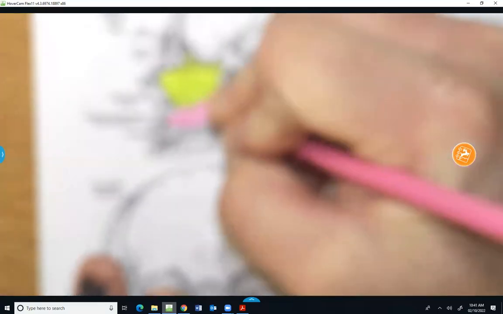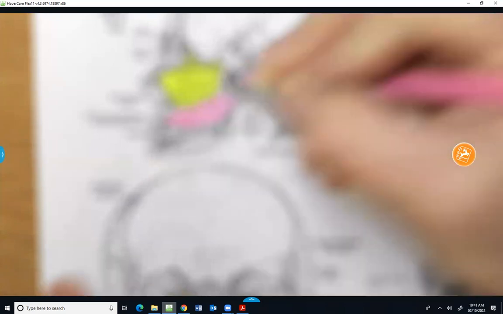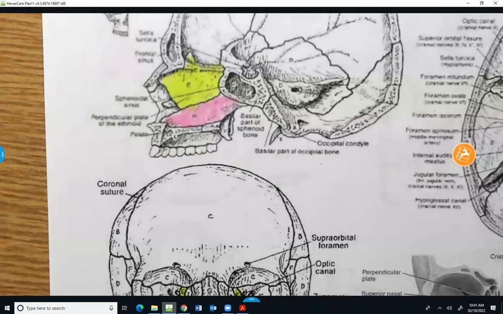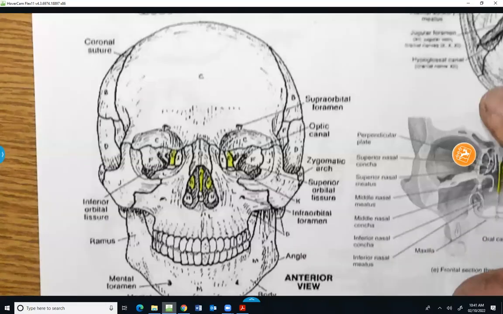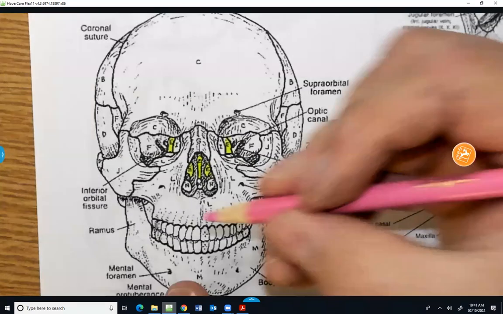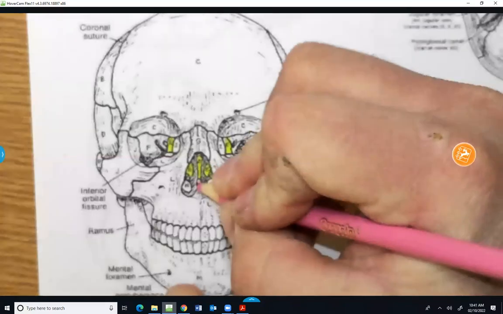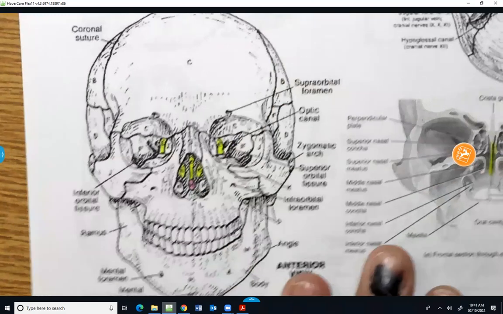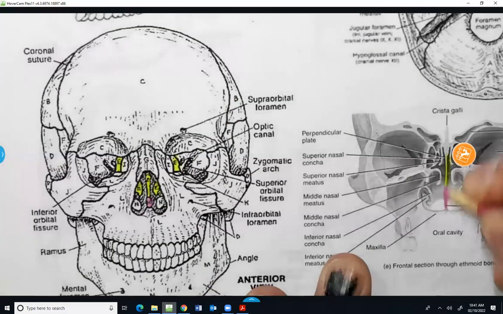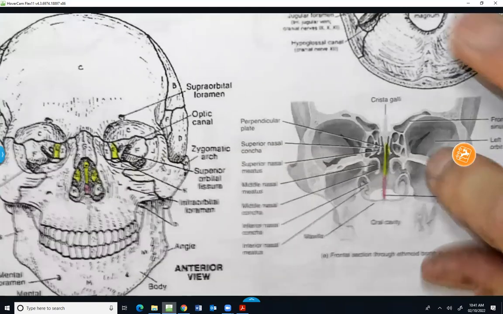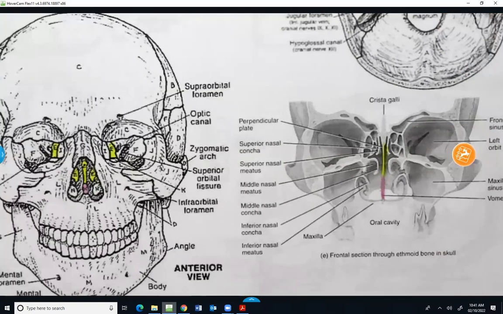It's our bone here, letter H. And then it's very subtle, so watch as I color it because you don't want to miss it. There it is, and it would be right there. I'm not going to worry about this one for the exam. I just included it so you can kind of visualize some of these things.